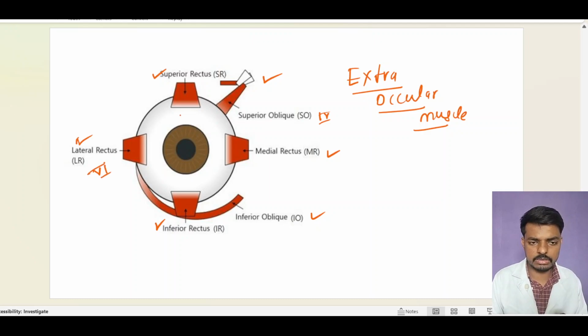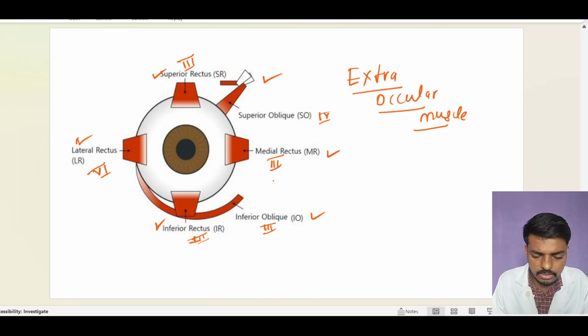The rest are all supplied by the 3rd cranial nerve: the superior rectus, the medial rectus, the inferior oblique and the inferior rectus. Very important point for your NORCET examination.